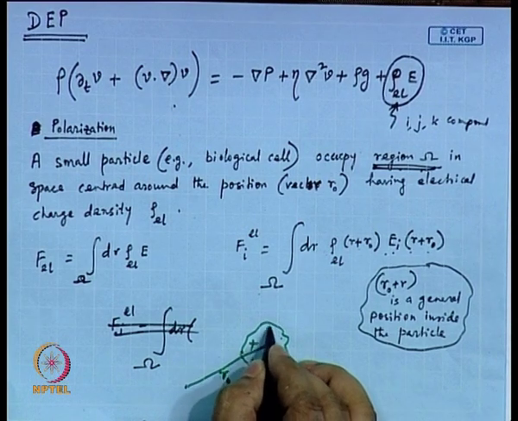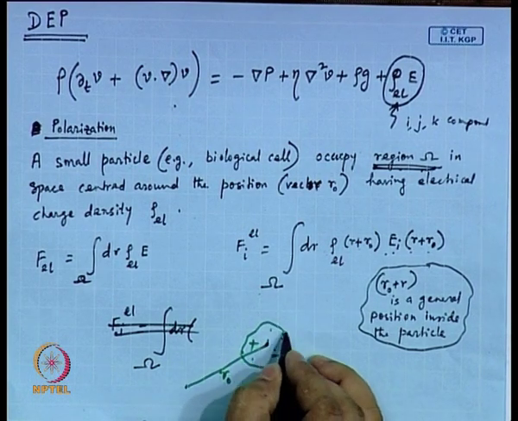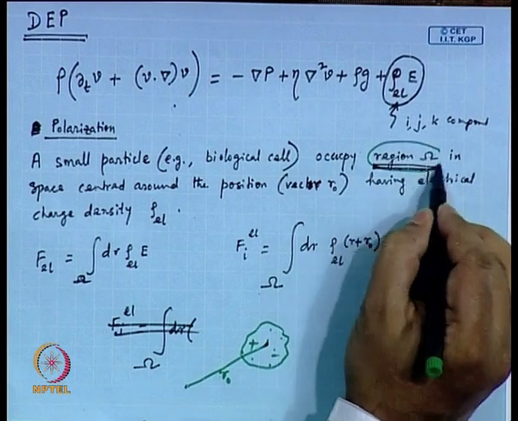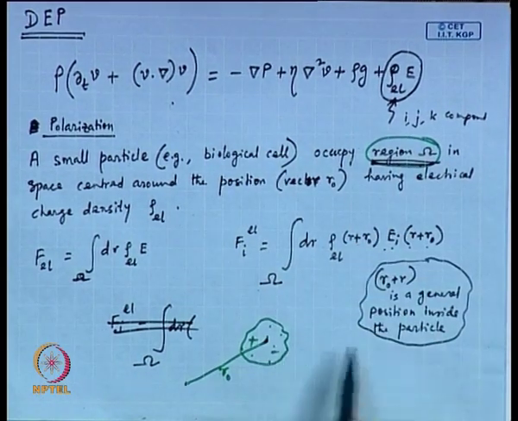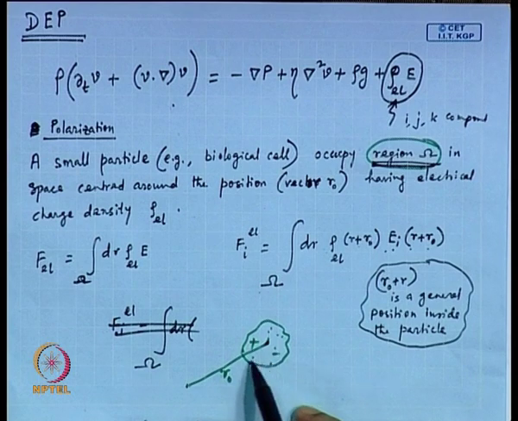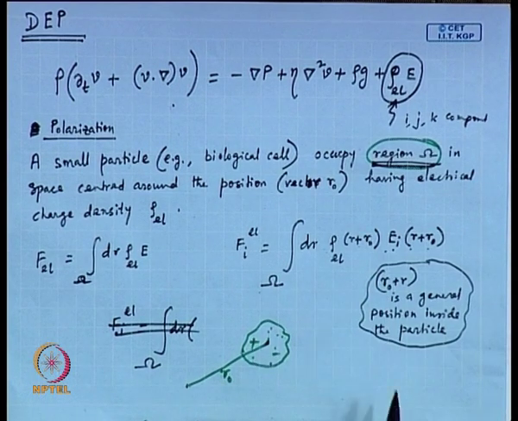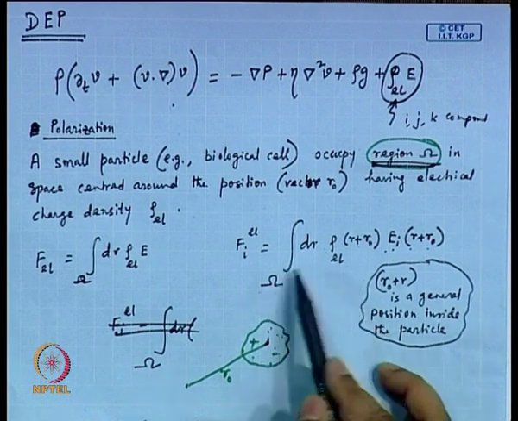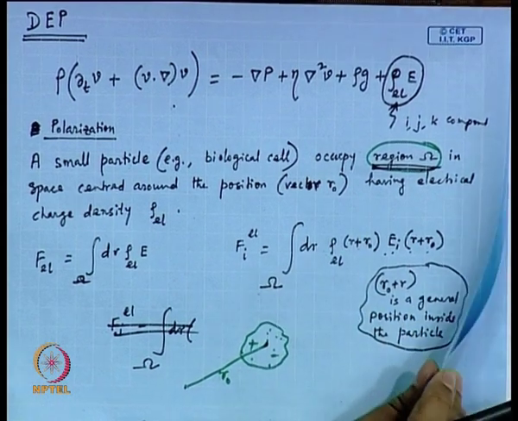Around this particle we have constructed a volume or region omega, and the various points within this region are referred to as r0 plus r. So r0 plus r is a general position inside the particle. This is the force term in that case.